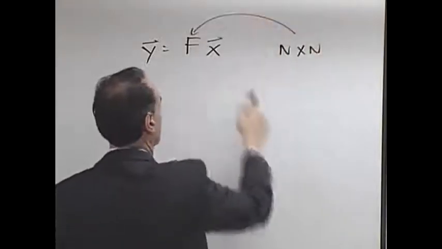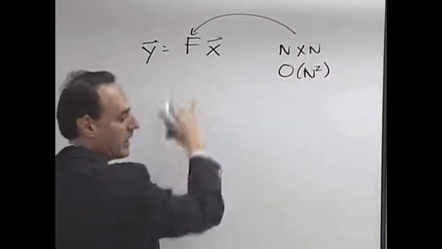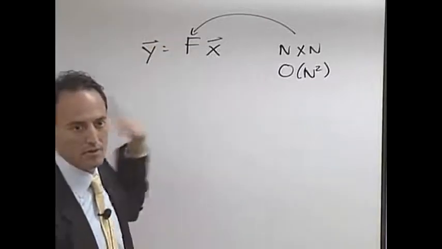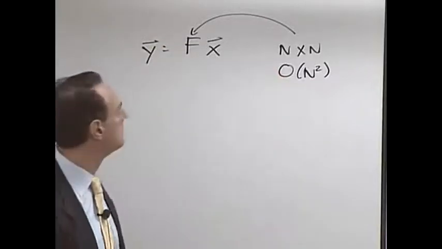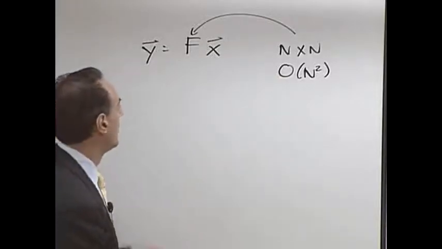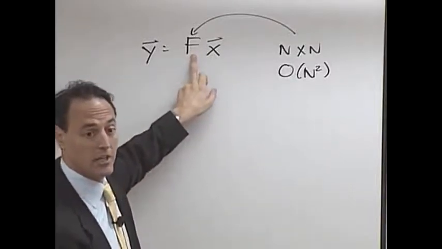When you do this, it will cost you order n squared because you have to multiply and add. For each row, you have to do the sum across that row. But here is what this implies. What makes up the matrix F, by the way? Here's the key thing.